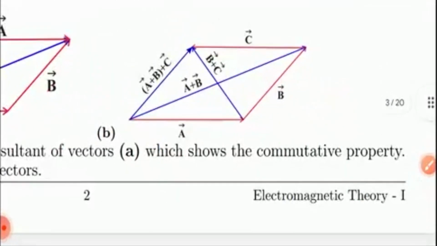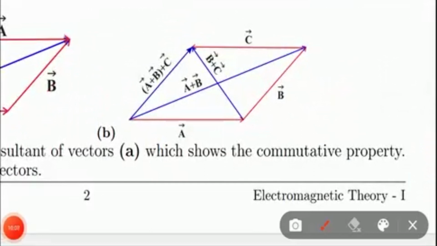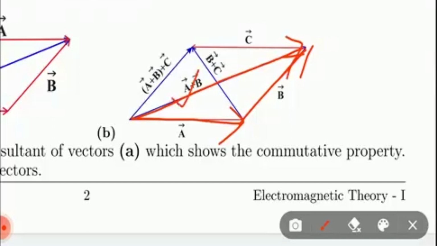Here you will see that if we choose the vector A as a first vector and connect the vector B with this head, and this is the second vector, and if we add these two vectors A and B, in the center you will see the blue vector that represents the vector A plus B here.